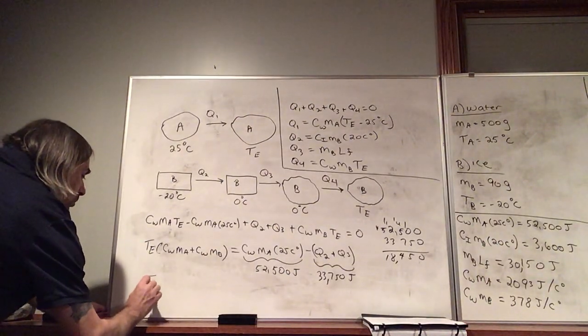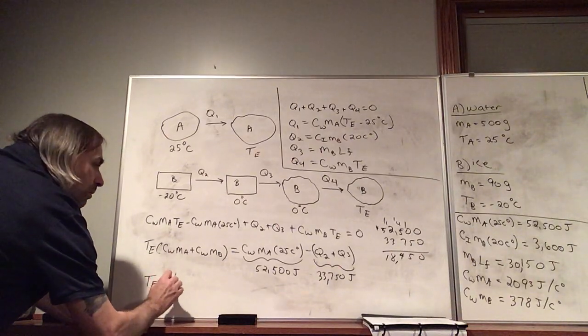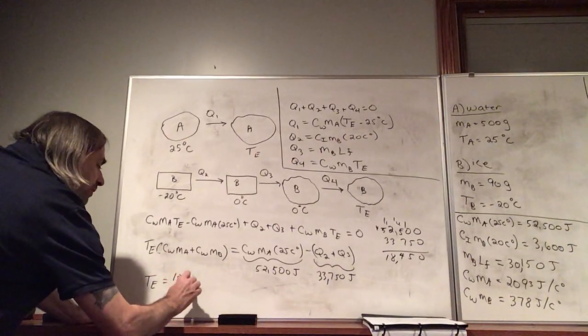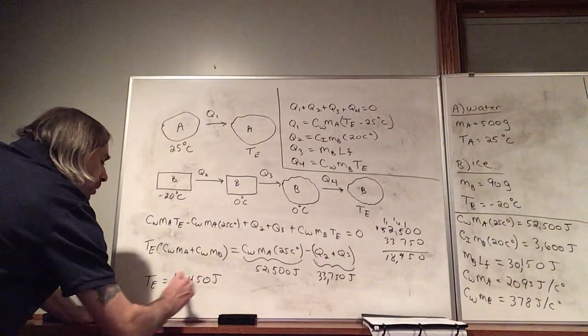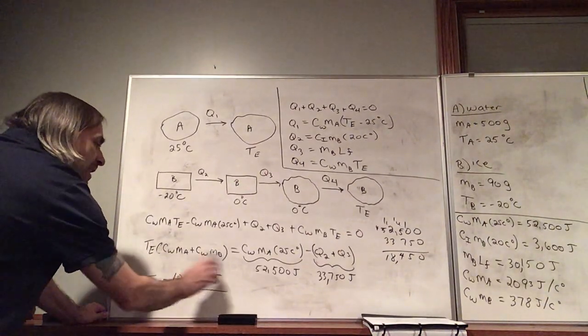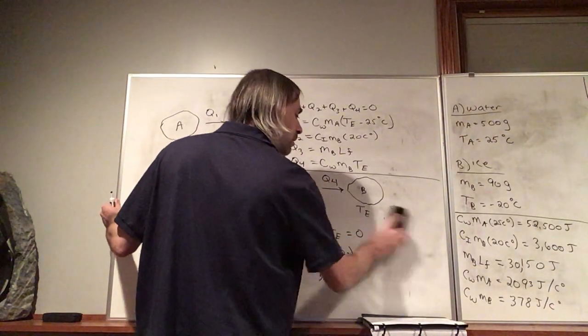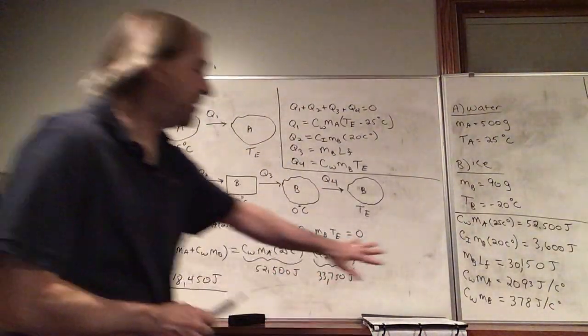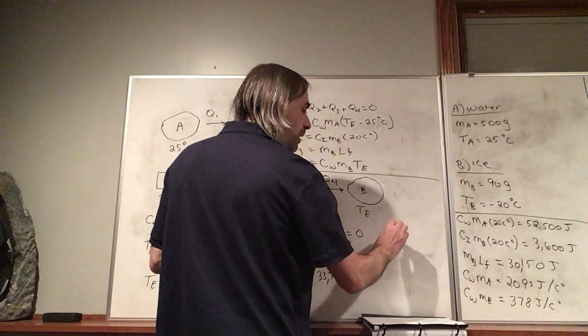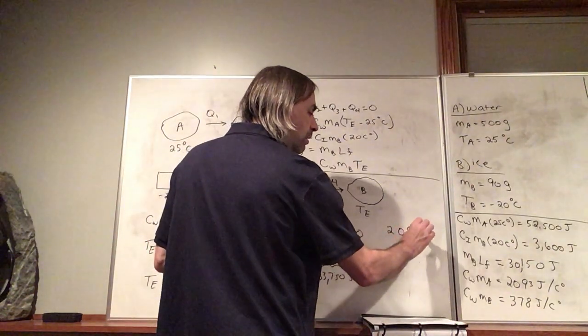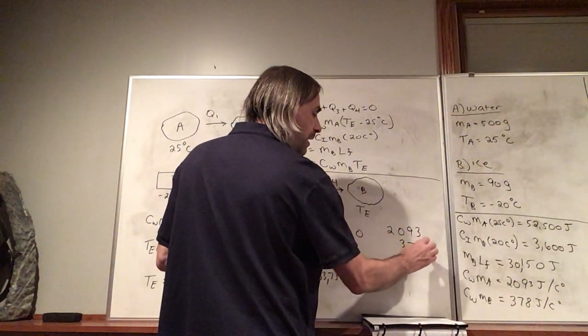So that's 18,450 joules. Now we have to divide it by the bottom, which is just the sum of these two terms. So we have 2,093 plus 378.